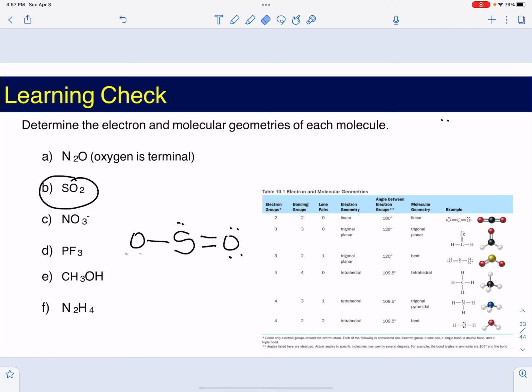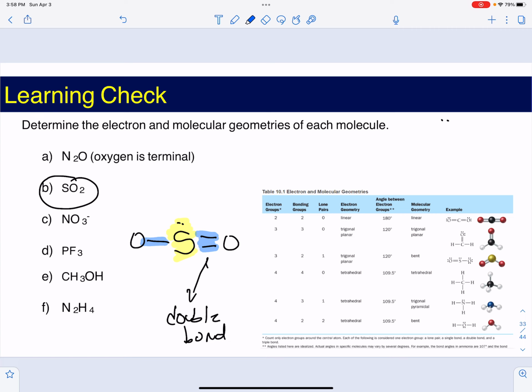There's nothing wrong with having those in there, but I just want to emphasize that I'm only looking at the central atom, which is going to have 1 bonding group, and even though this is a double bond, we only count this as 1 group. So it doesn't matter how many electrons you have between the atoms, that region only counts as a bonding group.